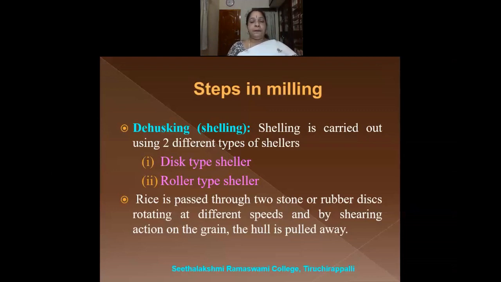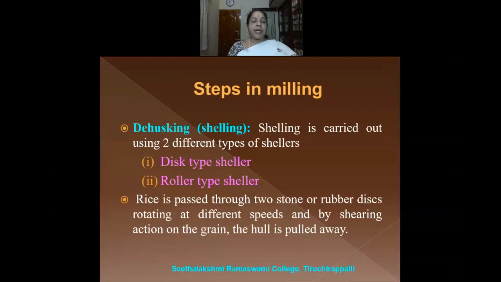If you have seen the yandram at your home, maybe in your grandma's place, there will be two stones, right? And she will move the upper stone, and there will be a hole in the center. Through the hole you can add the grains, and when you move the upper stone, what happens? The skin that is present will be removed.